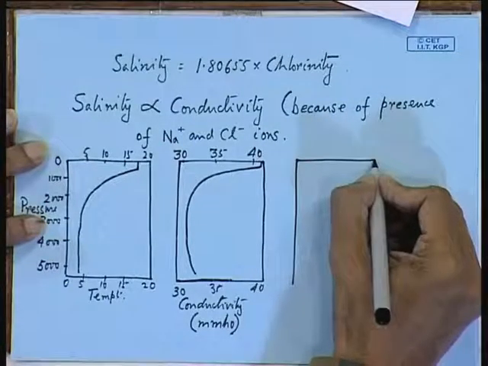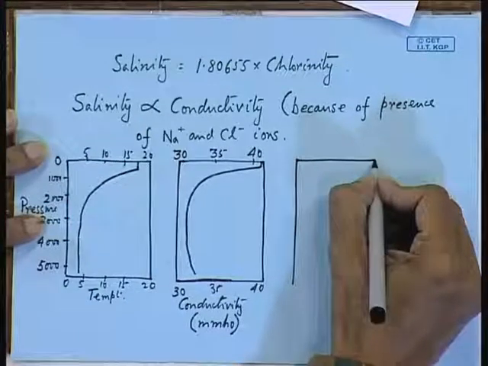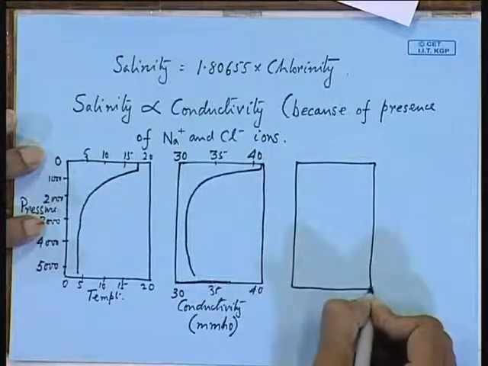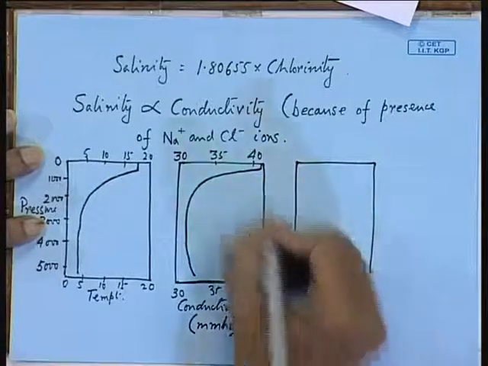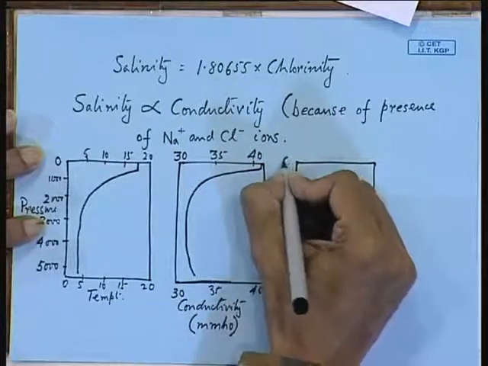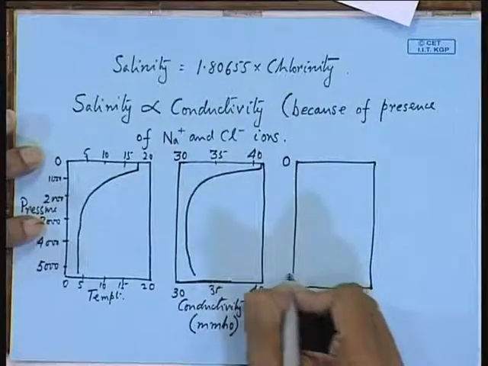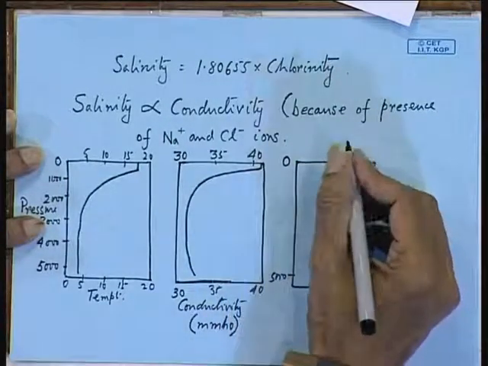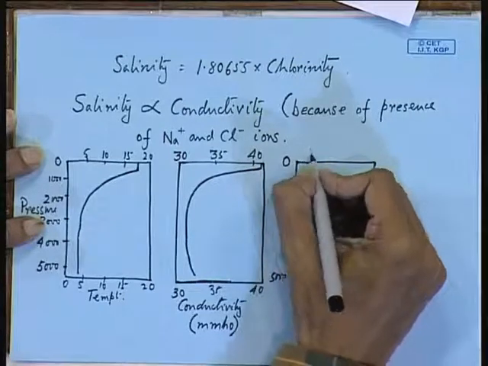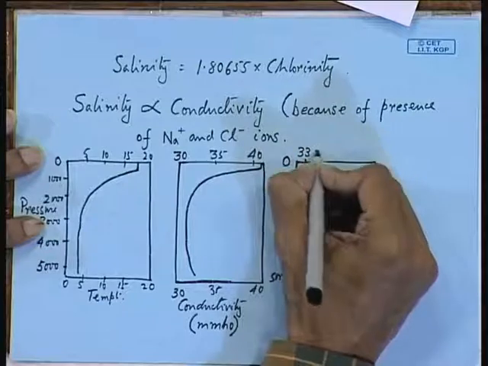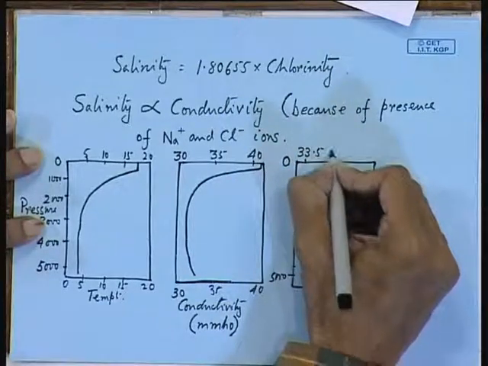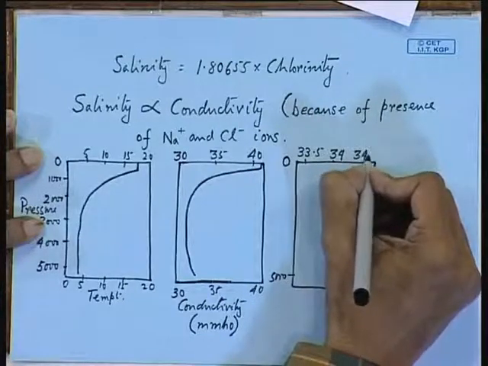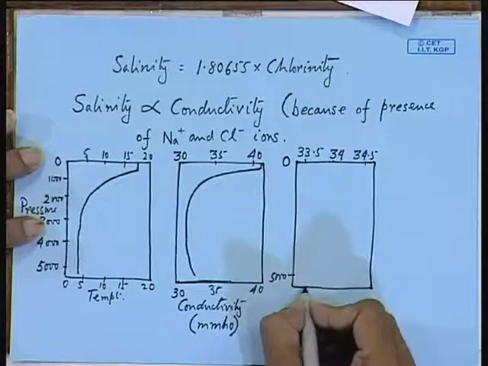Now, conductivity is actually used for ocean engineering purposes. Can you tell me how you can use it to your own advantage? So 0, this is coming somewhere around 5000 we are getting. So what is the average salinity? Average salinity you will get 34.7. So this is 34 and somewhere this is 34.5. So this is 33.5.